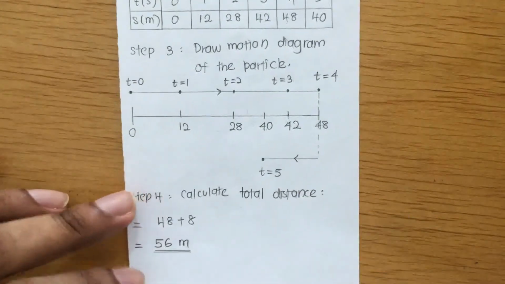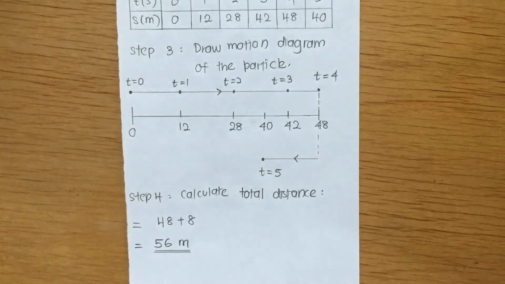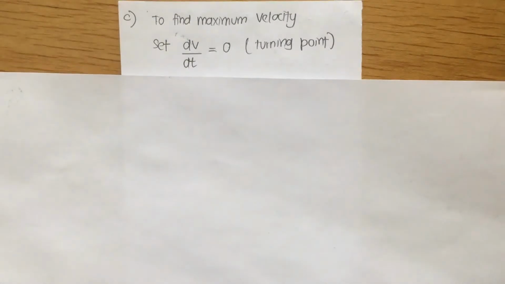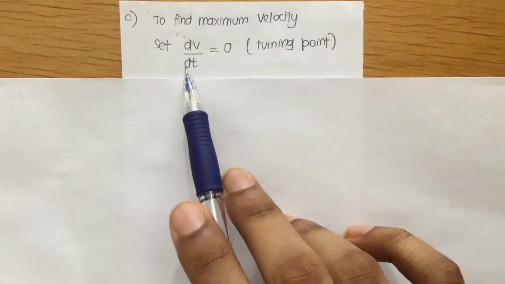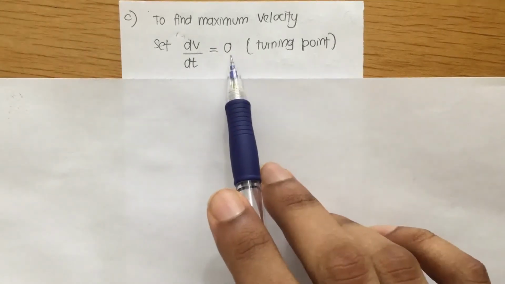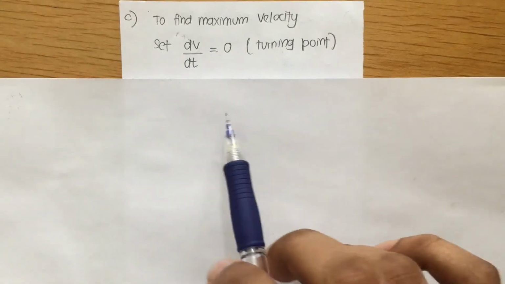Okay, let me proceed to the last question, where the question asks to find the displacement of the particle when its velocity is a maximum. Okay, to find the maximum velocity, you set dv/dt, which is differentiating velocity with respect to time, equal to 0, which is the turning point concept, guys.